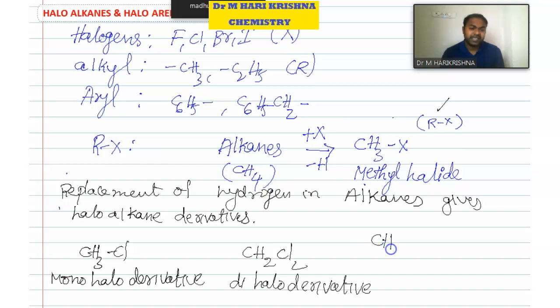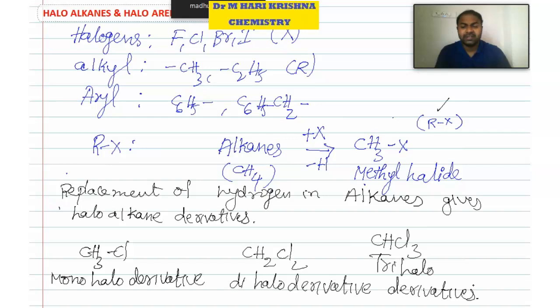Suppose if you take CHCl3, trihalo derivative. So by replacement of one hydrogen with halogen, we get a monohalo derivative. If we substitute more than one, we can call it dihalo, trihalo, like that.